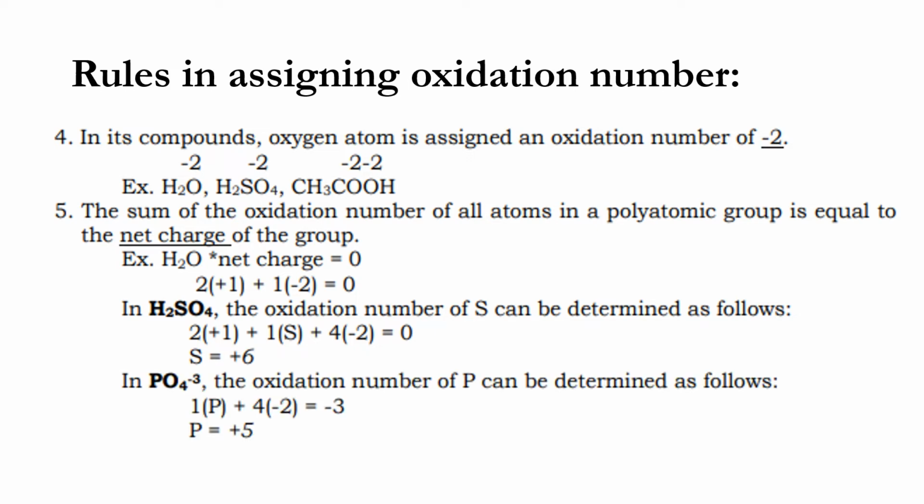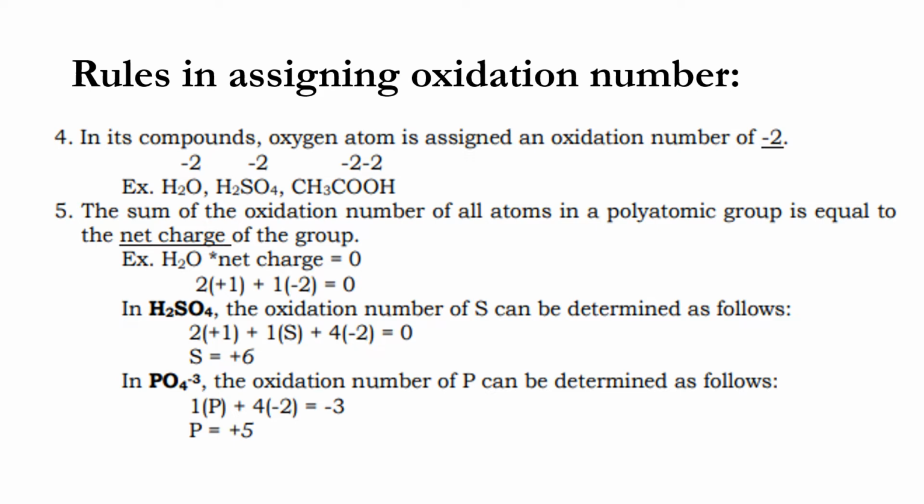In this polyatomic ion, where there is a net charge of -3, the oxidation number of phosphorus can be determined as follows. So we have 1 phosphorus times unknown oxidation number of phosphorus plus 4 oxygen times oxidation number of oxygen, which according to rule number 4 is always -2 when combined, equals the net charge of not 0 this time. The net charge is -3.